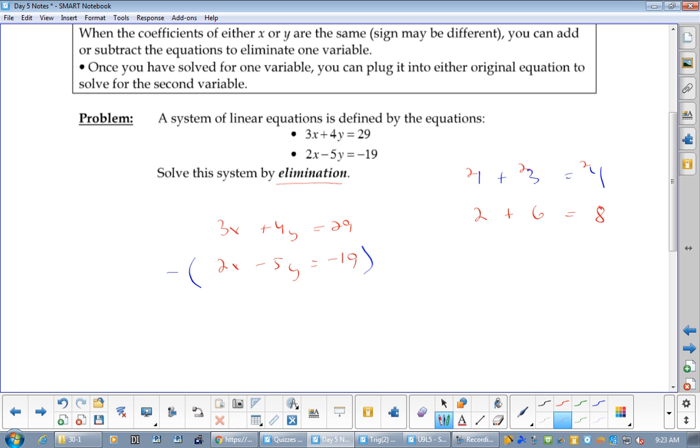Now if I just do 2 of them, I've changed the equation. If I just picked a random one, the first one, and multiplied that by 2, that wouldn't work anymore.